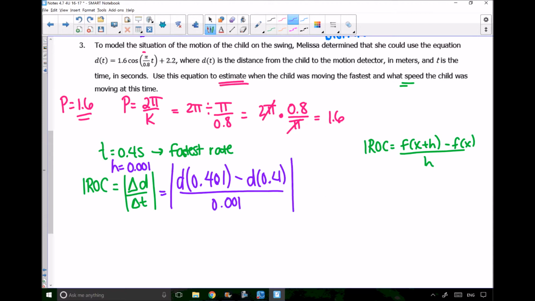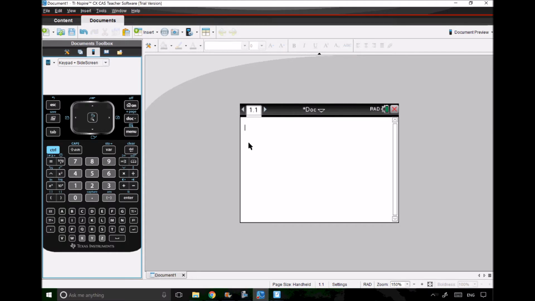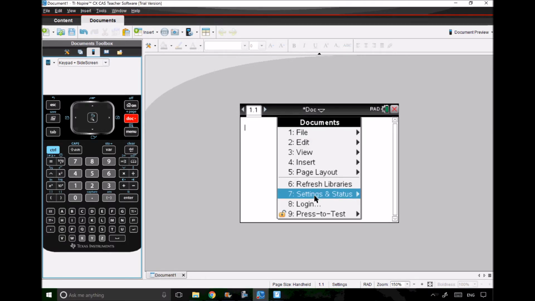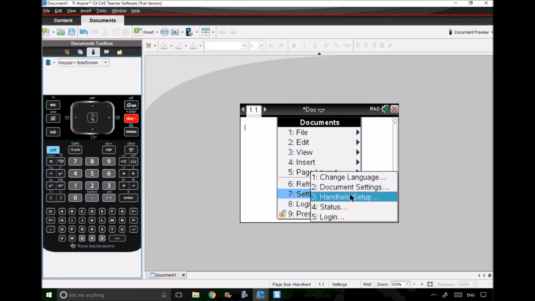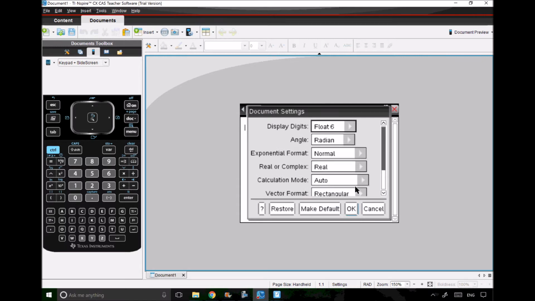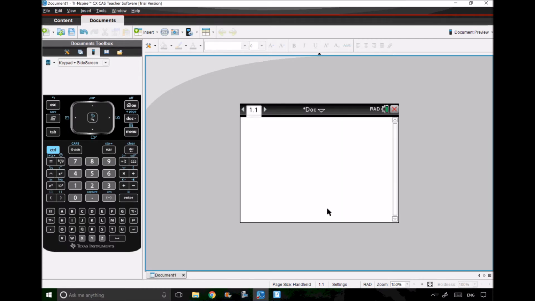So now I'm going to plug this into my calculator, but I need to make sure that my calculator is in radian mode. So I'm going to go to doc, settings and status, and then document settings, and I need to make sure that my document is in radians. It is, so I'm going to press make default, press OK, and I'm good to go.